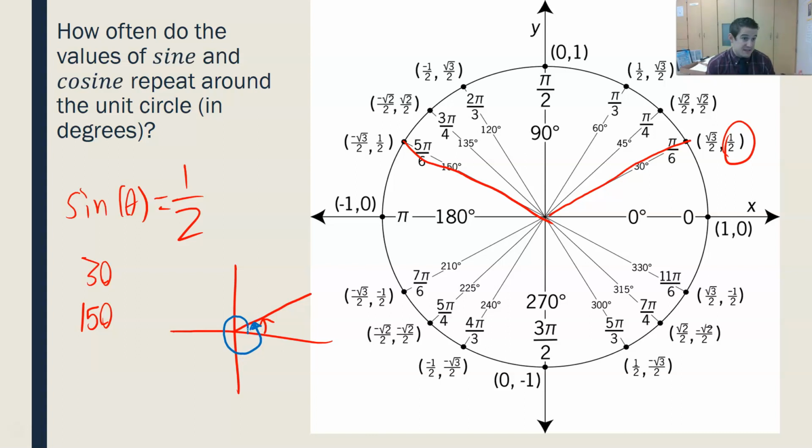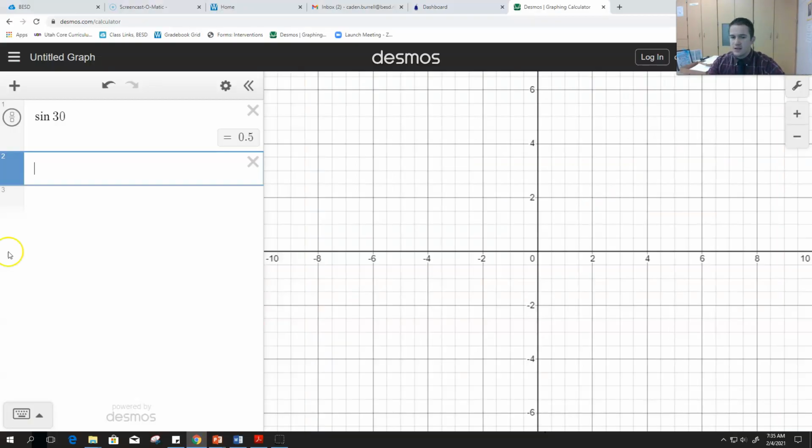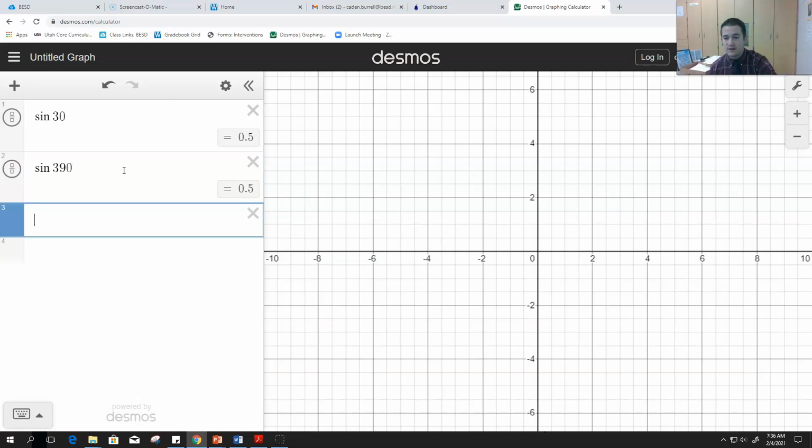That ends up in the same place, meaning it will still have a sine value of 1/2. What's that angle? If I add one full 360 degree revolution, that's 30 plus 360, which is 390 degrees. Let me test that in my calculator. The sine of 390 degrees, indeed, is still 0.5.